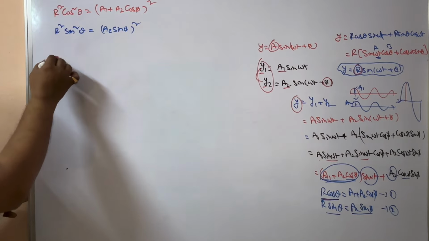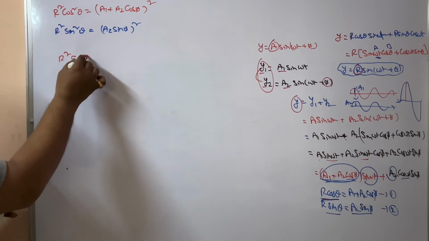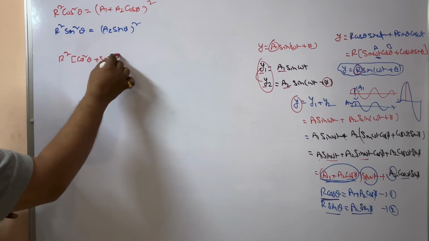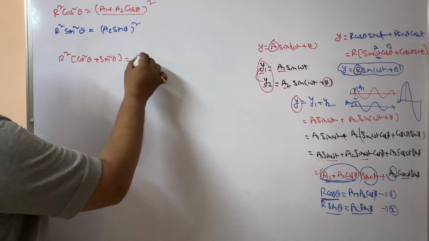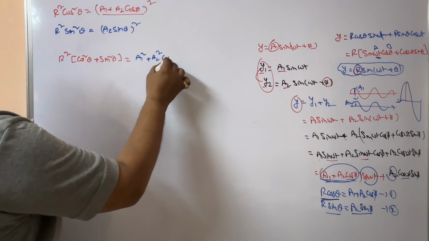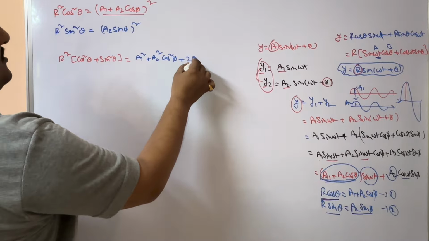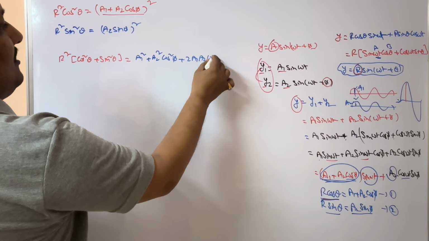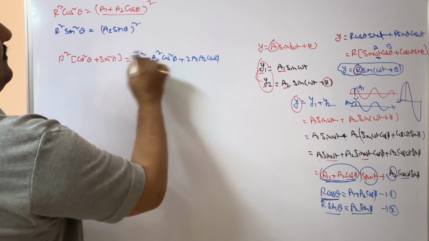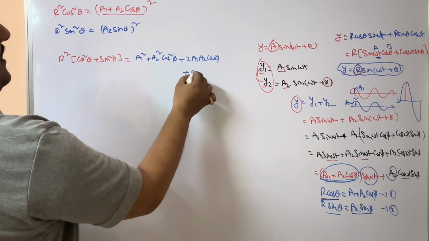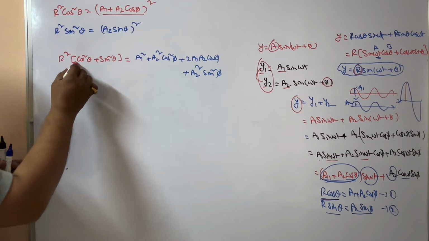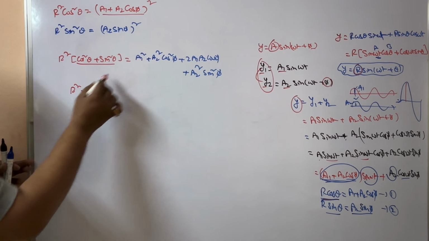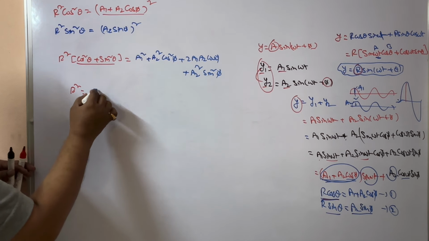Now if we add these two, R square times cos square theta plus sin square theta. If we expand this, A1 square plus A2 square cos square phi plus 2 A1 A2 cos phi, plus A2 square sin square phi. So this is equal to 1. R square equals, what will be coming on the right side?